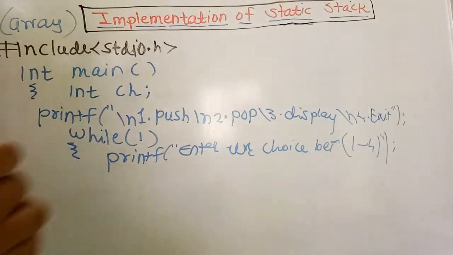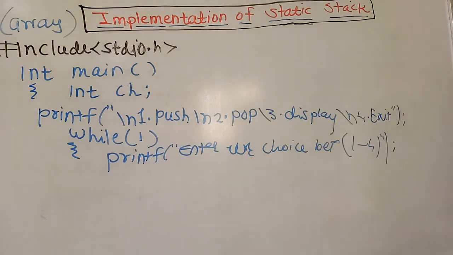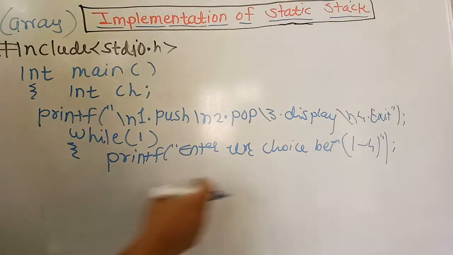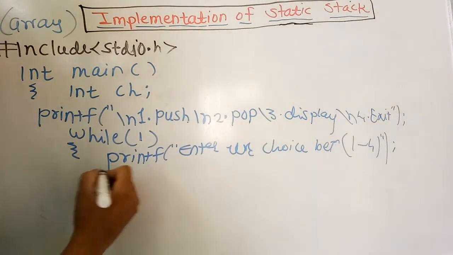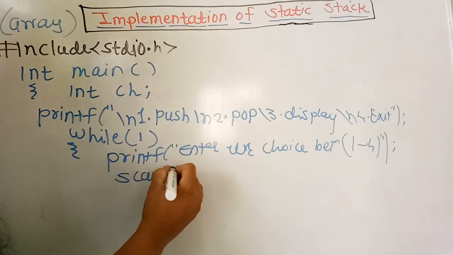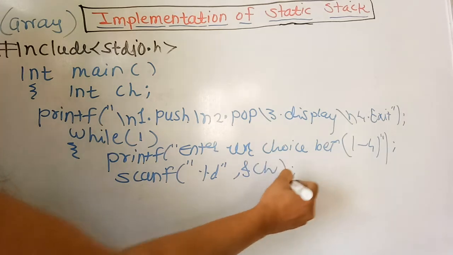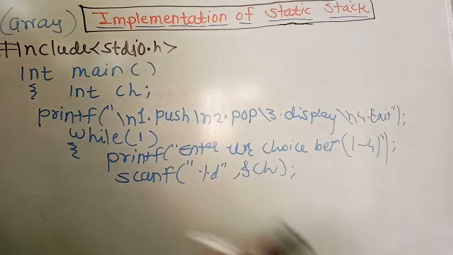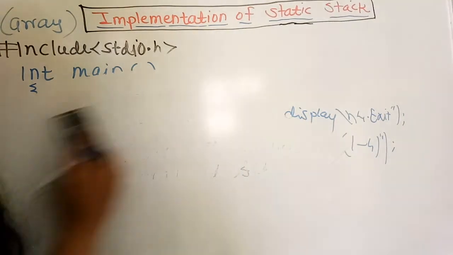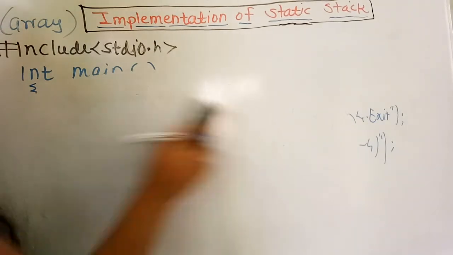So it is enter your choice between 1 to 4. Then we will accept the choice like scanf %d &choice. Now we will simply pass this choice to the switch case, like switch choice.